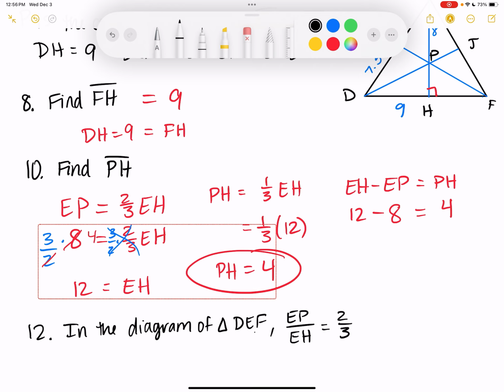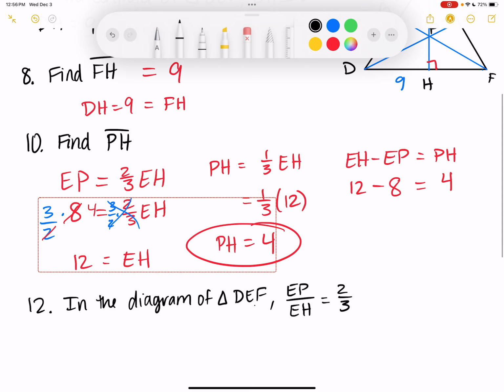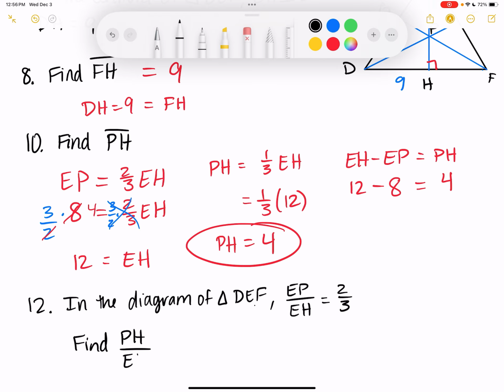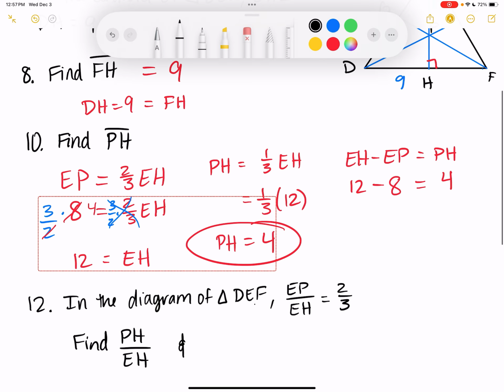We had EP is equal to 2/3 of EH, so if I wanted to get the 2/3 by itself, I would divide by EH, so EP over EH is equal to 2/3. Okay, different ways we can modify this formula. So with that information, they want me to find PH over EH and PH over EP.